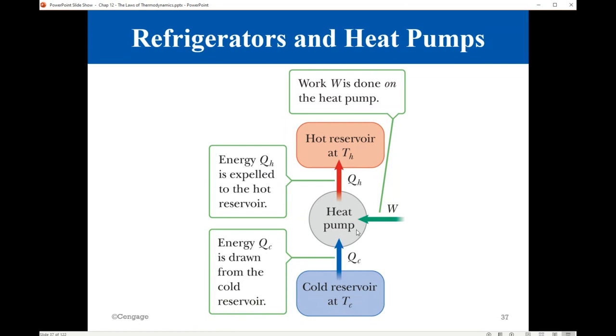The same model applies to air conditioning also, the ACs. There also the same thing. We provide work from the electric outlet such that we are able to take from the cold reservoir to dump in the hot reservoir.